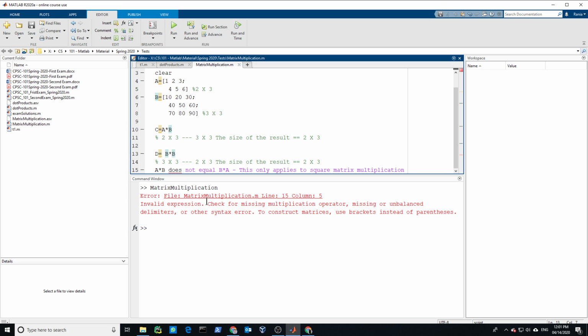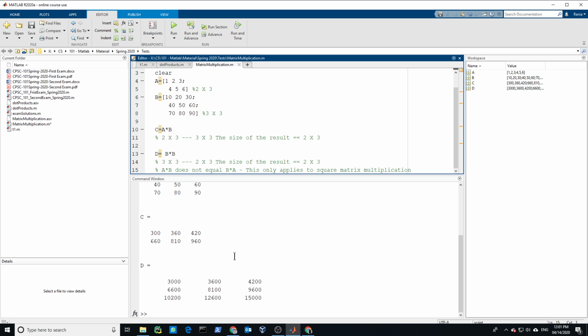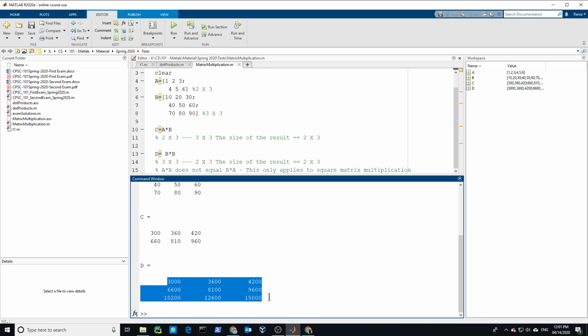Alright, error, multiplication, line 15. Oh, so I have to make this a comment. I forgot to make this a comment. Okay, let's run it now. As you see in here, it gave you a 3 by 3 matrix.